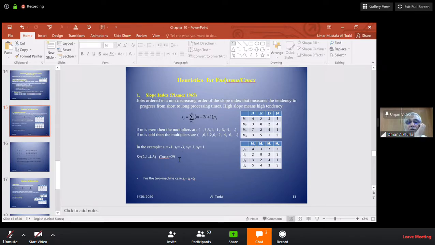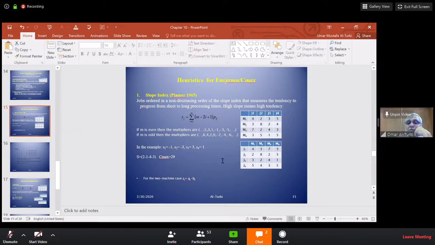I did not solve it completely, but if you multiply this by 3, for job 1 it will be 12 plus 3, 15, minus 7 is 8, minus 9 is minus 1, right? Yes, that is minus 1.